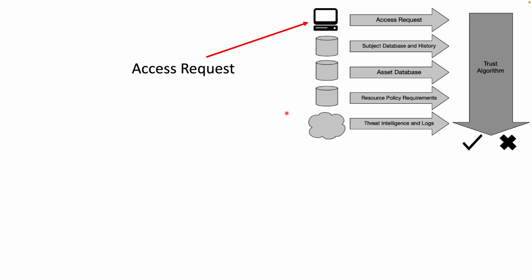The first one, access request. Access request means the actual request from the subject. It's the information about the requester, which can include operating version and what software the requester is using, information like this. So how does it work then? Let's check this example.